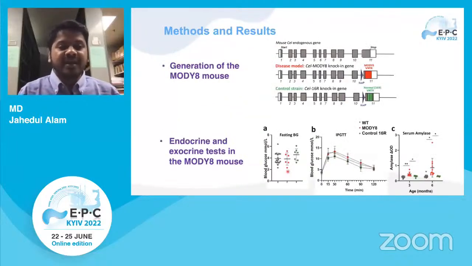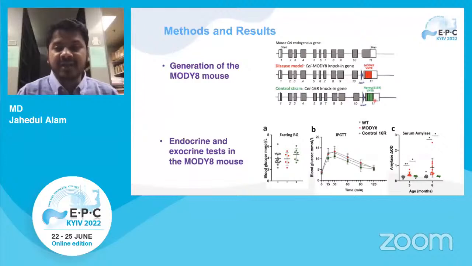So we created knock-in mice where the VNTR of the endogenous mouse Cel gene was substituted with the mutated VNTR sequence derived from the MODY8 family.